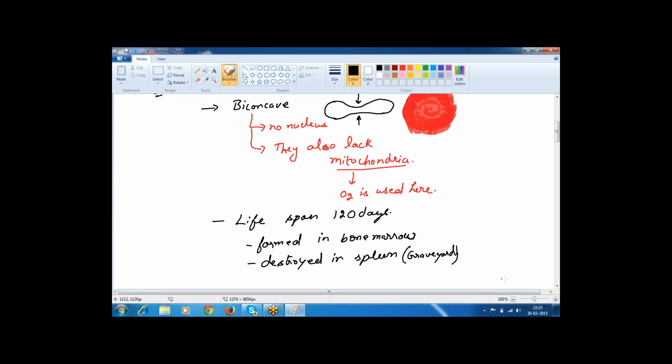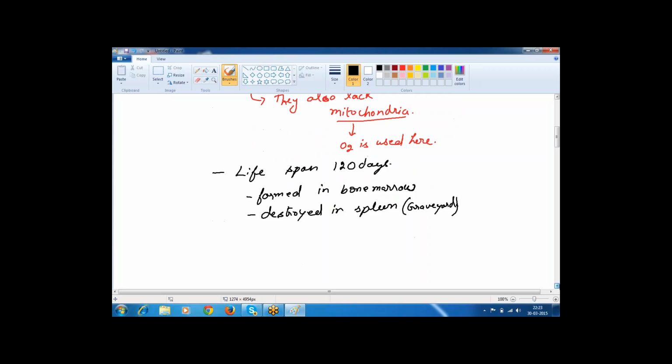Their normal count is 3.5 to 5.5 million per millimeter cube. That is for females.